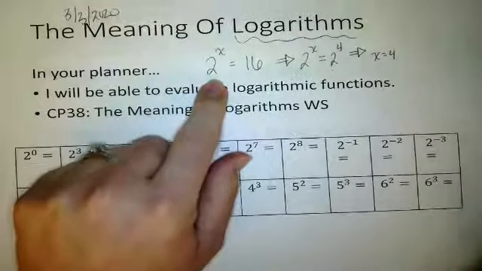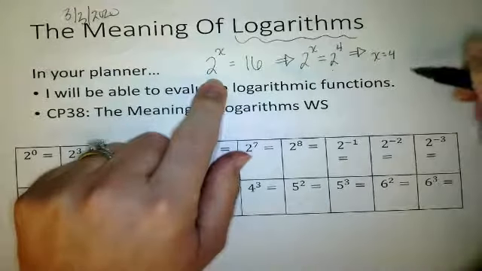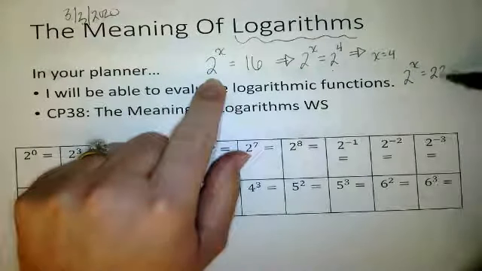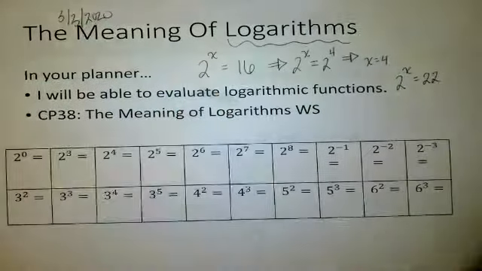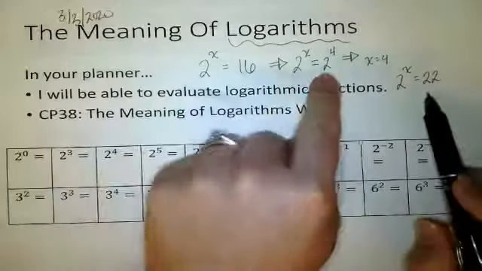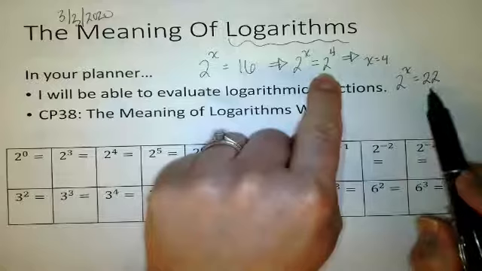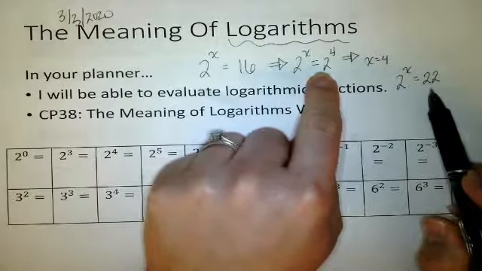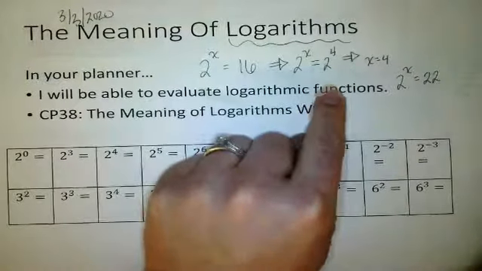But what we wanted to be able to do was figure out, 2 to what power equals 22? I can't rewrite 22 using the same base. Doesn't work. I can guesstimate.